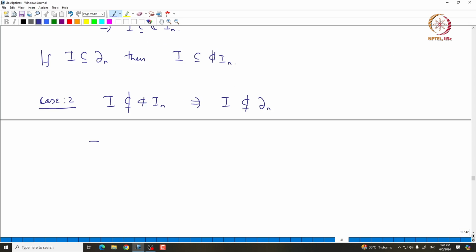So, that means there exists x, denoted by let us say summation a_kl e_kl, where k, l vary over 1 to n, which is inside I, and the condition that we have for this a_kl is that for some pair i not equal to j, this a_ij is non-zero.